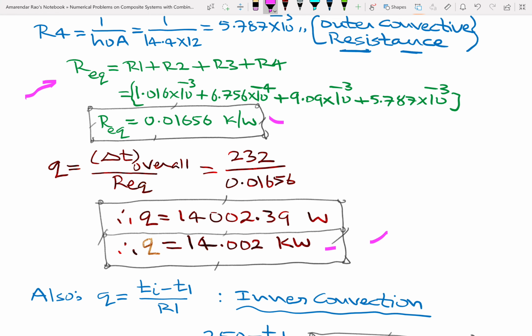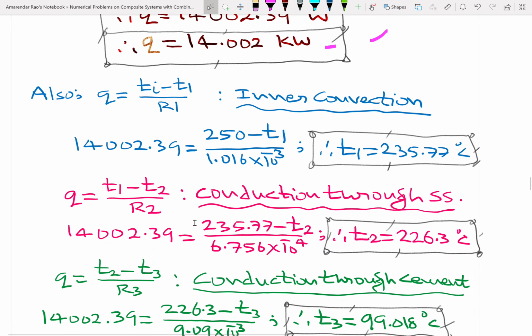Then when you make the energy balance, we can show that this Q should be equal to inner convection, (Ti minus T1) by R1, which is going to give us T1, which is 235.77. This Q also should be equal to conduction through SS, (T1 minus T2) by R2. Again, if we substitute the data, T2 is going to be 226.3.